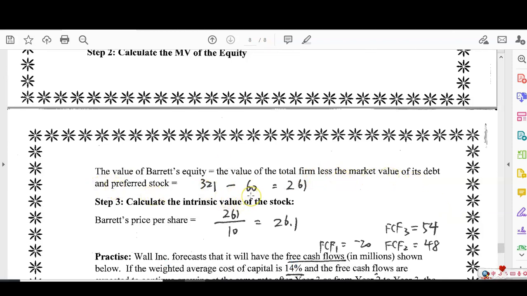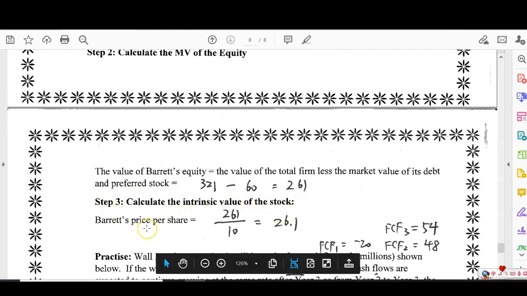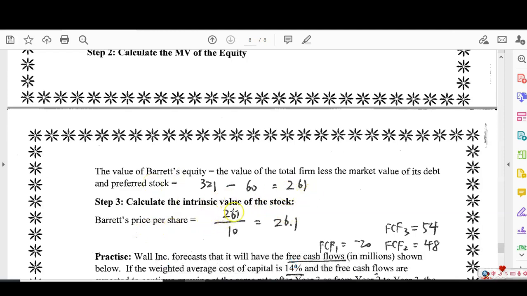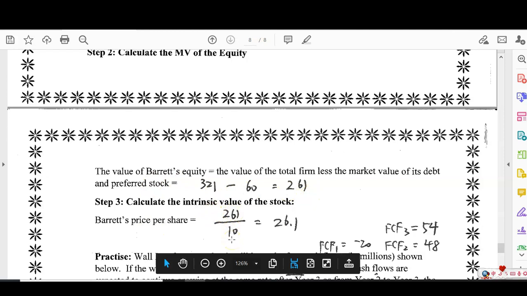It's given in the question as 60. So we have 261 as value of equity. Step 3, we calculate the intrinsic value of the stock. So the stock price per share is this value of equity, 261, divided by number of shares, 10 million. So we have 26.1 as the stock price for this firm.